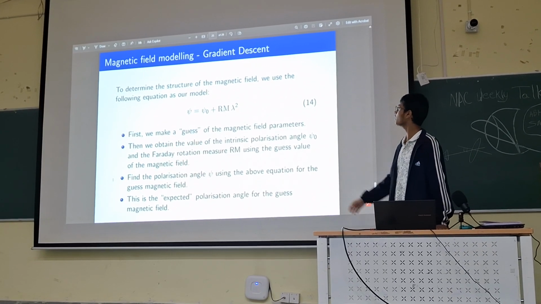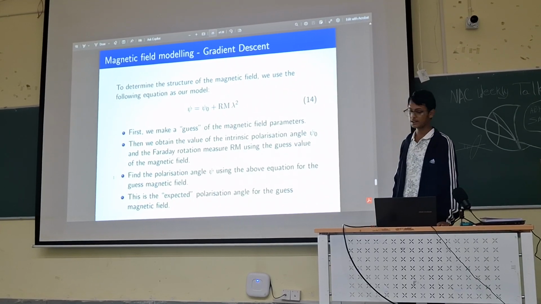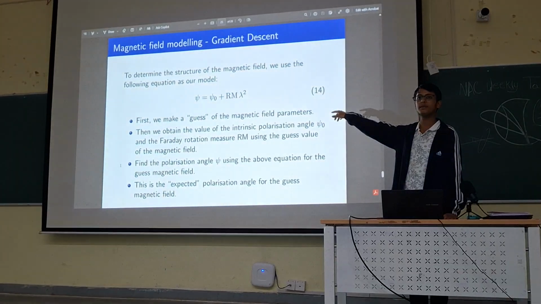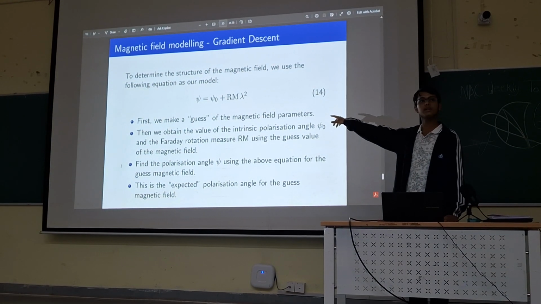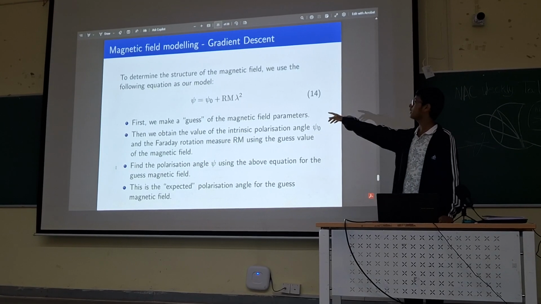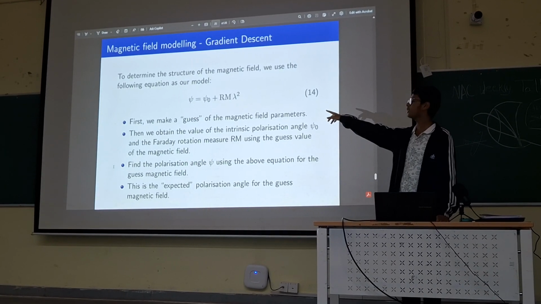So we make a guess, and then we obtain the value of this intrinsic polarization angle and the rotation measure, RM. Out of these two parameters, we can calculate the polarization angle that we should observe.